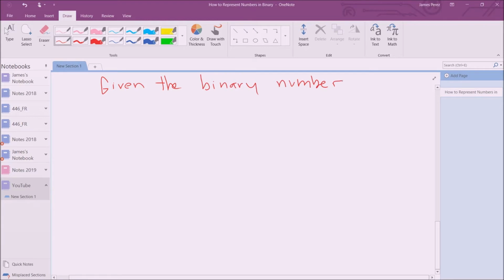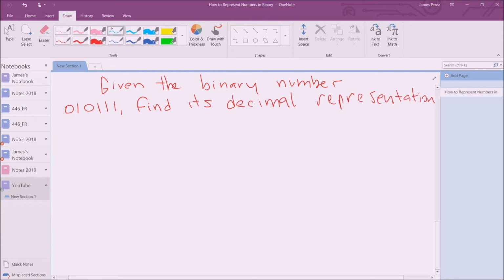Given the binary 0, 1, 0, 1, 1, 1, find its decimal representation. The first thing that I'd like to do in this case is write this number down: 0, 1, 0, 1, 1, 1, and this is in binary, base 2.